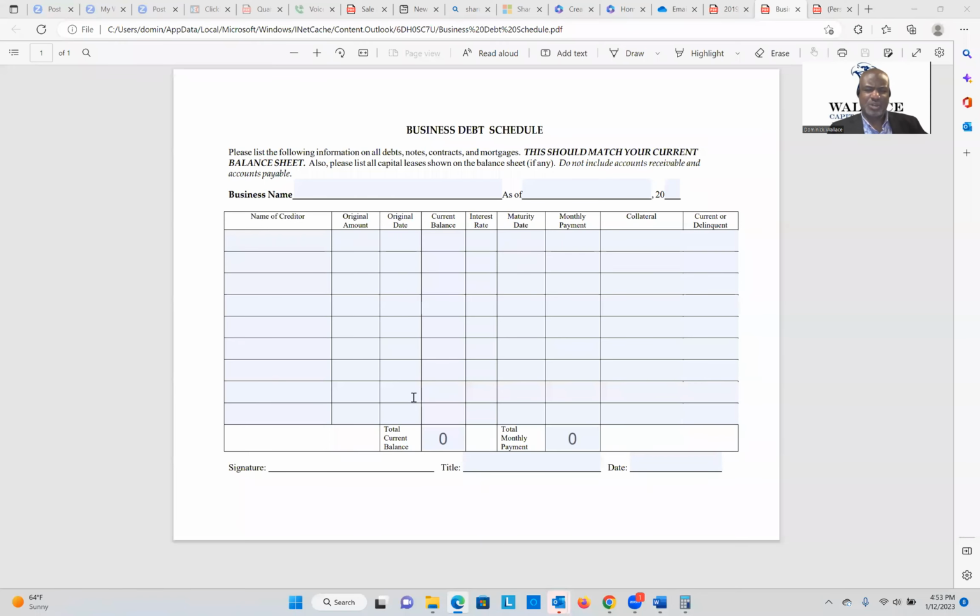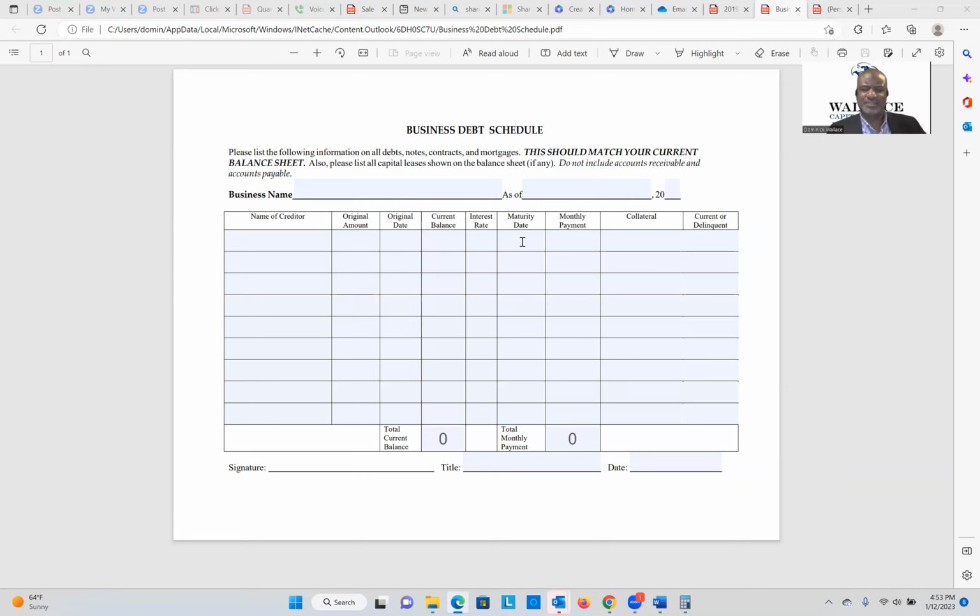The common questions I typically get are, for a credit card, what would be the original amount? This would be the total amount again that you can charge on the card. The original date is when you took out that card or that loan, when that loan started. Or if you got a mortgage, when that started. Obviously, the current balance and interest rate.